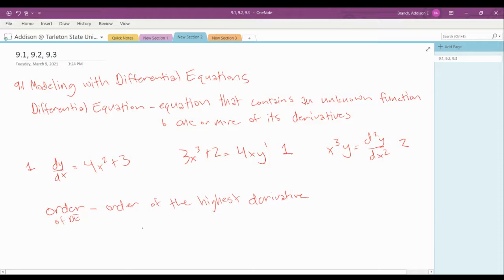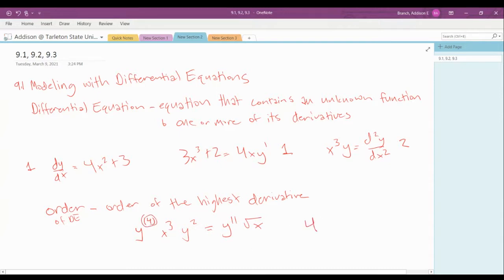And if we had an equation that says something like y superscript (4) times x cubed y squared equals y double prime times the square root of x, our highest order would be 4 because of this right here. So therefore, our highest order is 4.